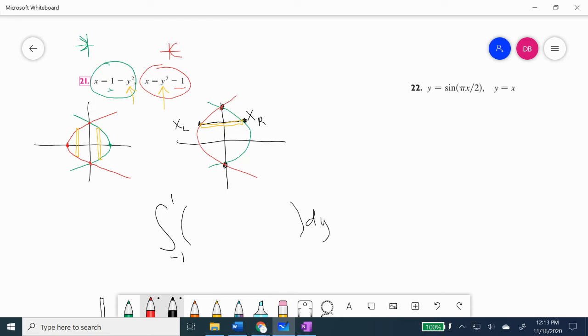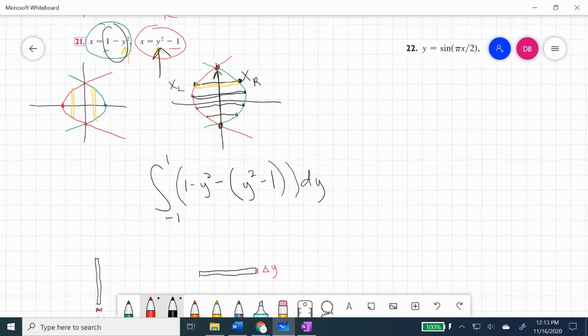And keep in mind that as we move from y equals -1 up to y equals 1, I am looking at my right x minus my left x as I go along to get these different lengths, multiply each of those by a tiny dy, and that turns it into area. So my x right is 1 minus y squared. My left x is y squared minus 1. And that's the integral setup.